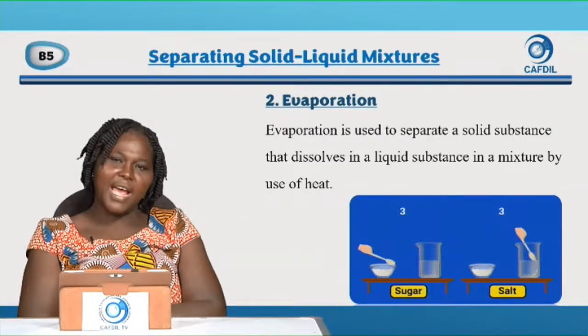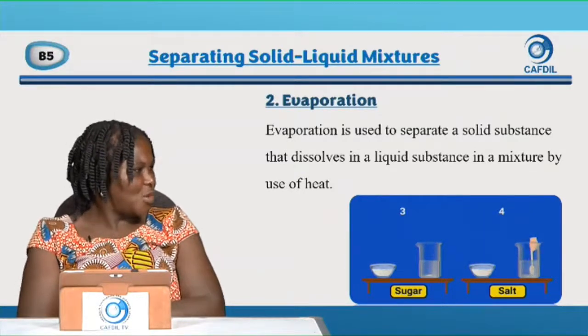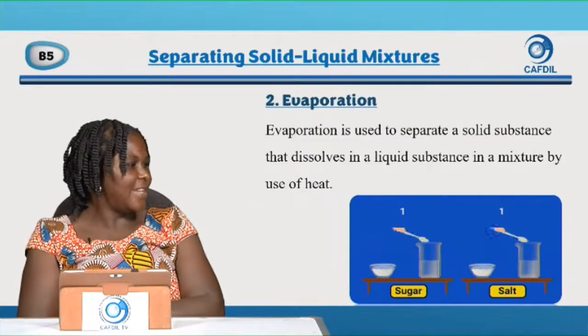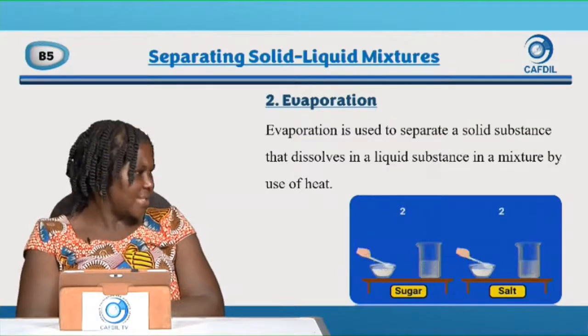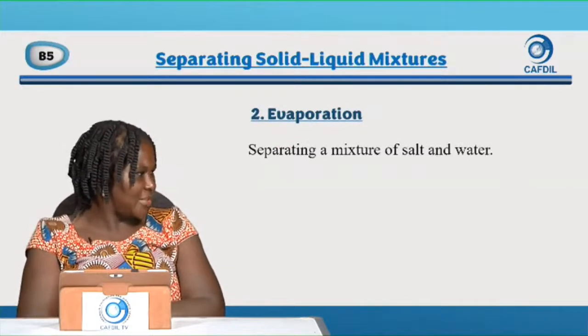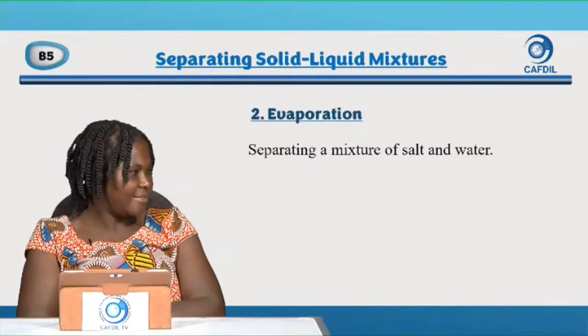This time we use heat to do it. So we can use sugar and water, and then salt and water. Good. So, evaporation: separating a mixture of salt and water.